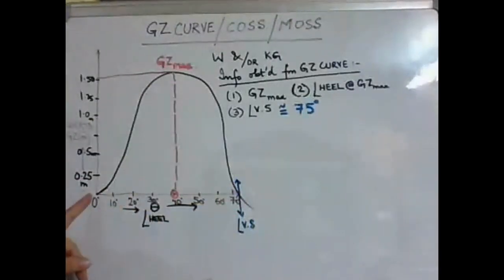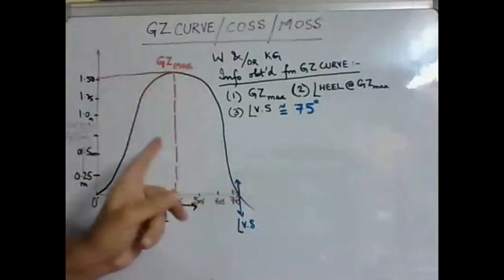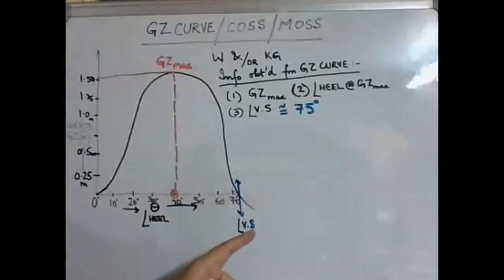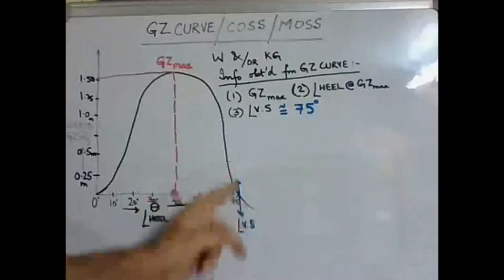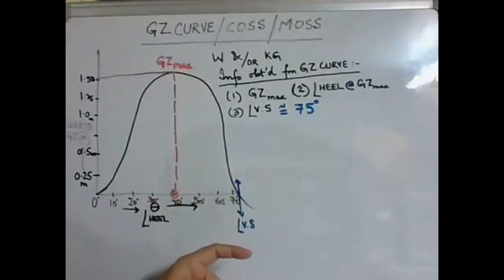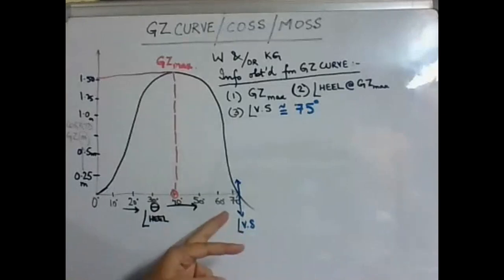It starts from zero. When it becomes zero again, that angle of heel is known as the angle of vanishing stability. That means the stability has vanished.